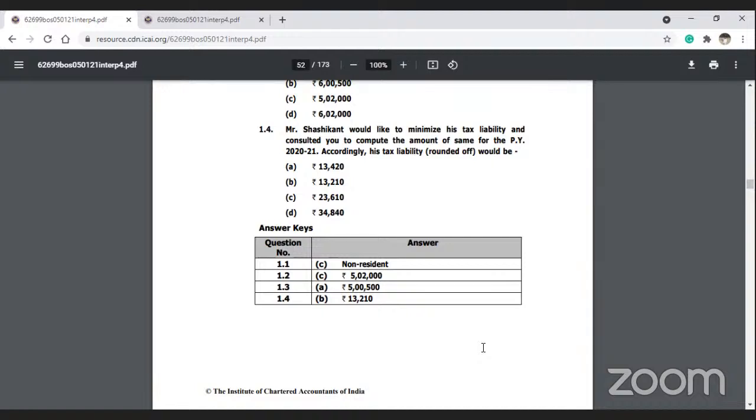So 12,700 plus 4% cess gives 13,208, and rounding it off we get 13,210. Yes. Next case study.